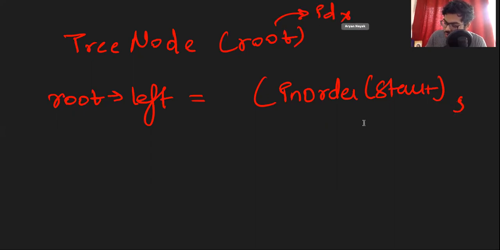Say suppose I found it at the ith index. So everything in the left of the root would be from in-order start index till the in-order I minus 1th index.